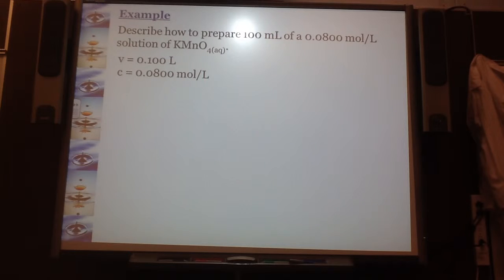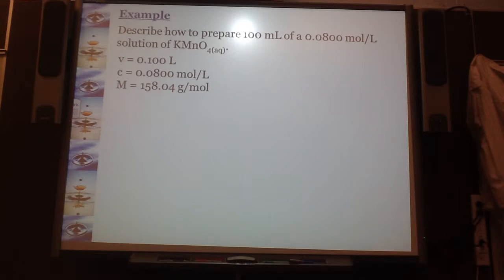My concentration is 0.08 moles per liter. And you can find your molar mass of potassium permanganate by using your periodic table, which is 158.04 grams per mole.